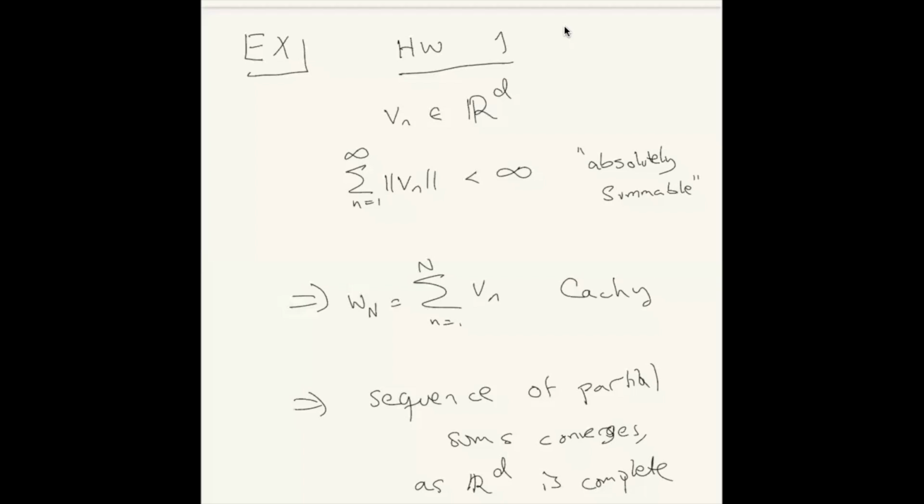And therefore, we can talk about the infinite series of these vectors, and say analogously that this series of vectors converges. So again, what plays a role is absolute convergence and bounds for absolute values.